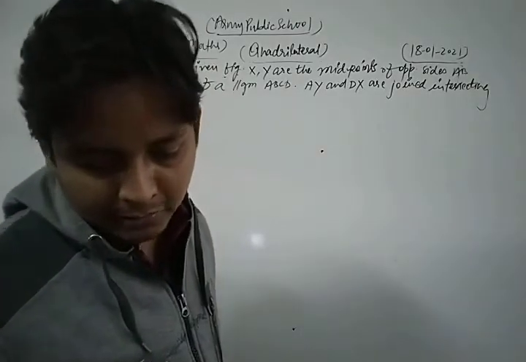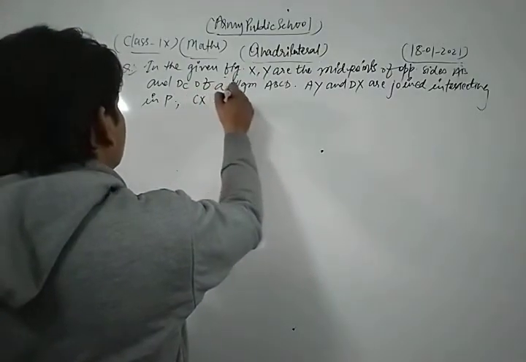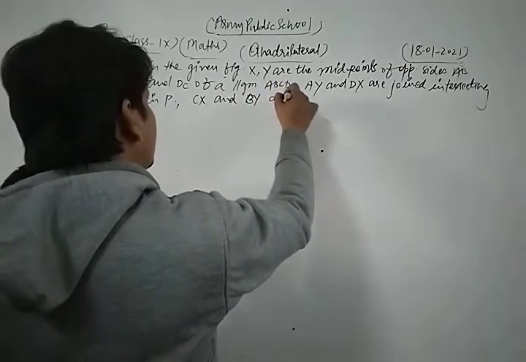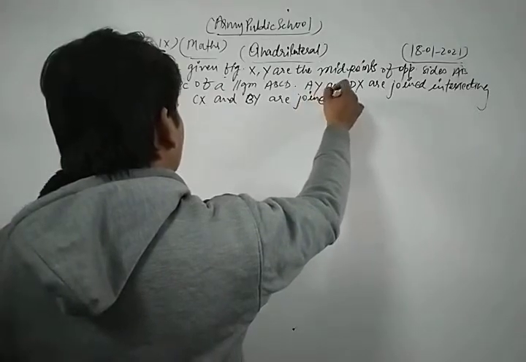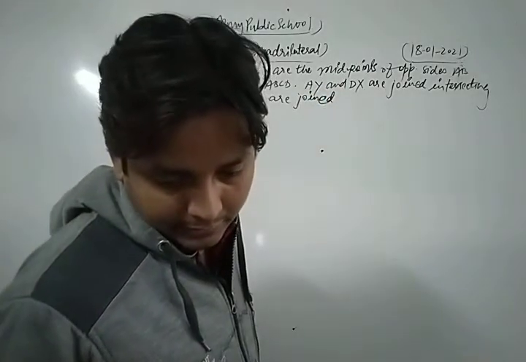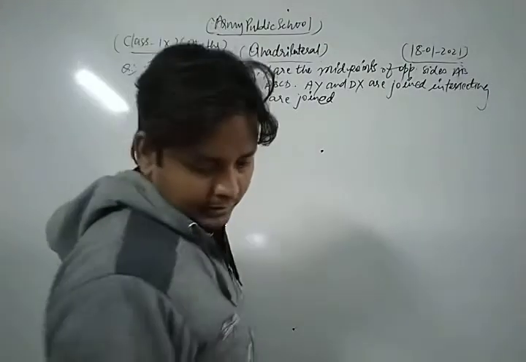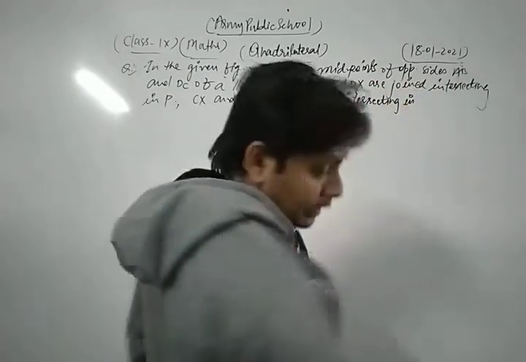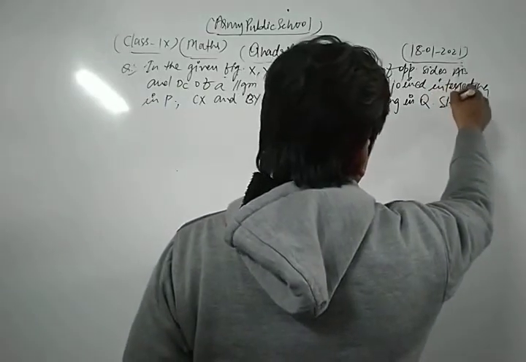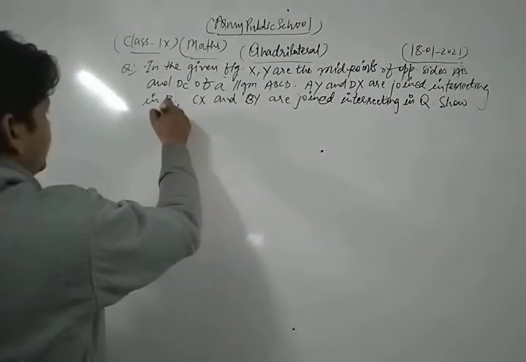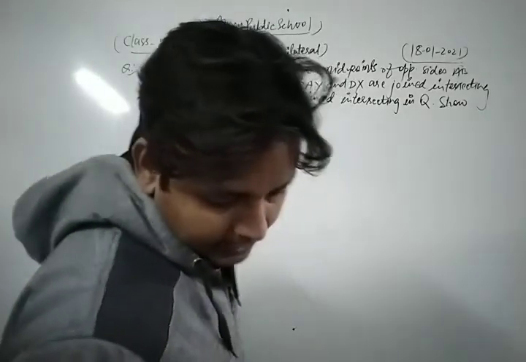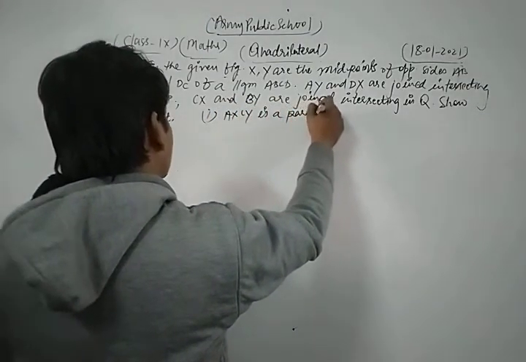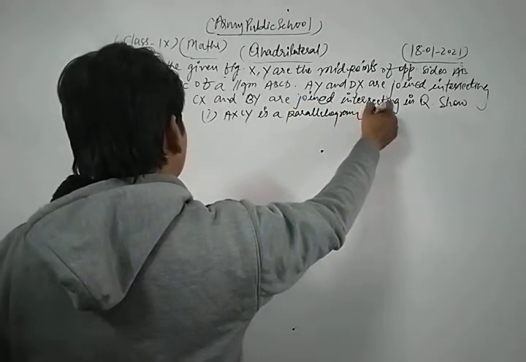CX and BY are joined, intersecting at Q. Show that first, AXCY is a parallelogram.